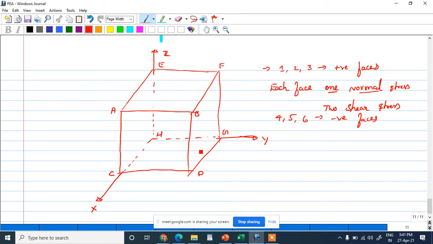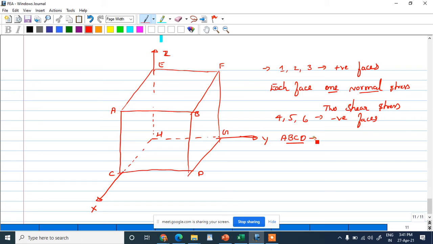Here A, B, C, D is the positive face and E, F, G, H is the negative face, and I will be considering only the positive face, that is A, B, C, D.